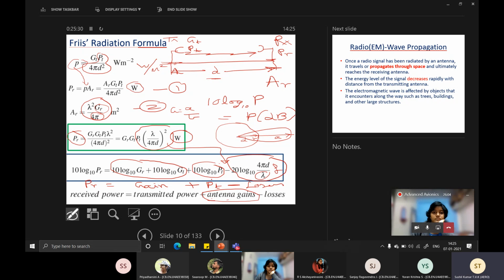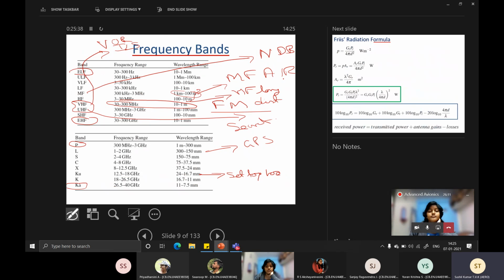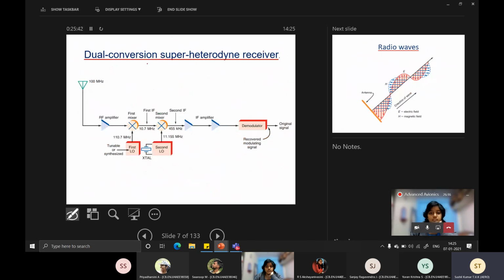Okay. Now we know what is the received power. When we talk about receivers, two important characteristics are to be kept in mind. Can someone recollect what it is? Any electronic communication receiver? Selectivity and sensitivity.